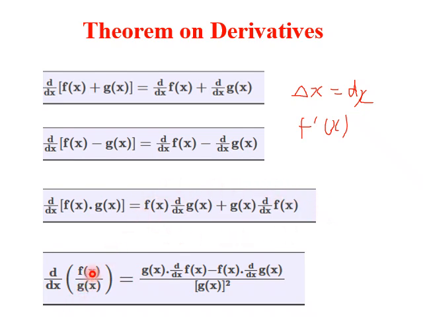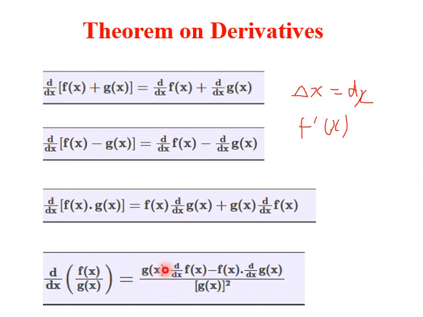Similarly, for division, we want to find the derivative of f of x by g of x. How do we do it? We use this formula. How to remember it? First, you put this line and put the denominator term squared. Denominator, the whole square.